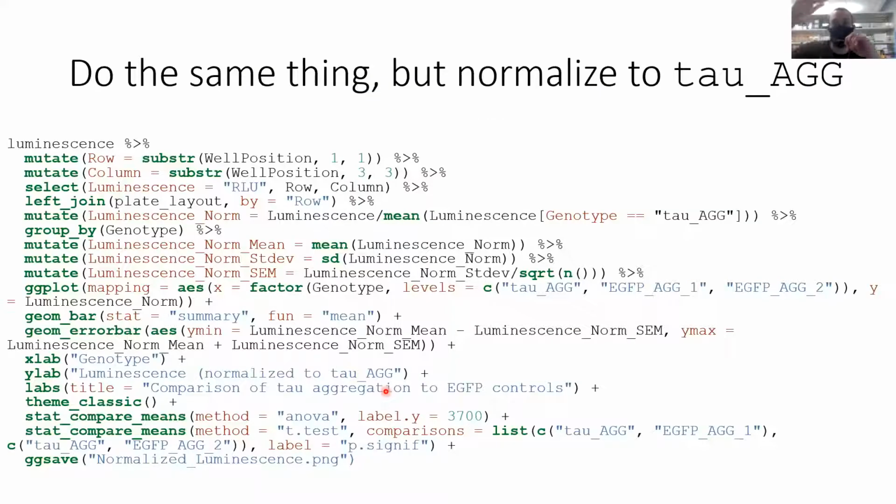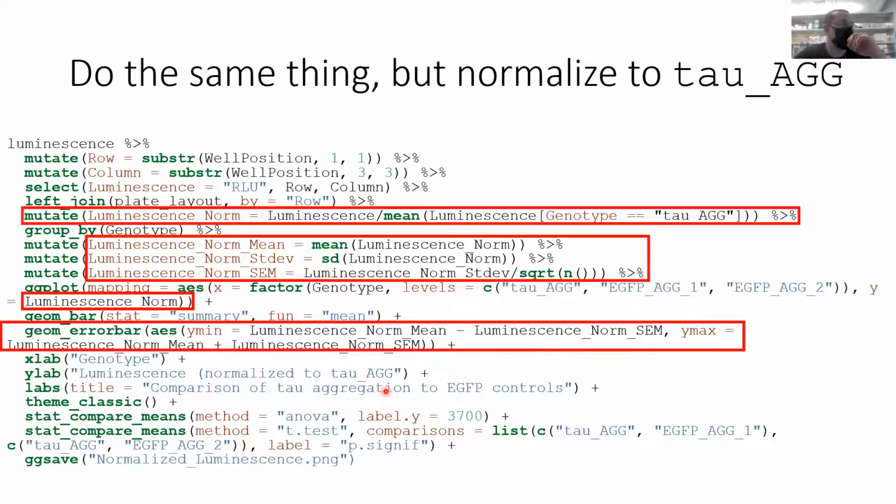So I'm showing you the whole thing that I just did, except I changed a couple of things. Before grouping, I introduced one mutate call that makes a new column called luminescence norm, where every single value of luminescence gets divided by the mean of all the values of my luminescence data frame where genotype equals tau A. This is a bit of an advanced technique, using this test of whether something is equal to something else as a way to subset your data frame.